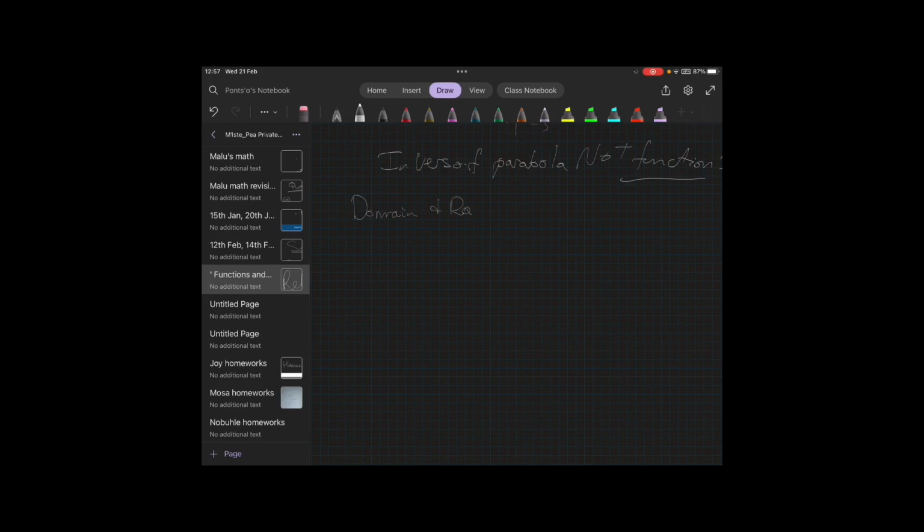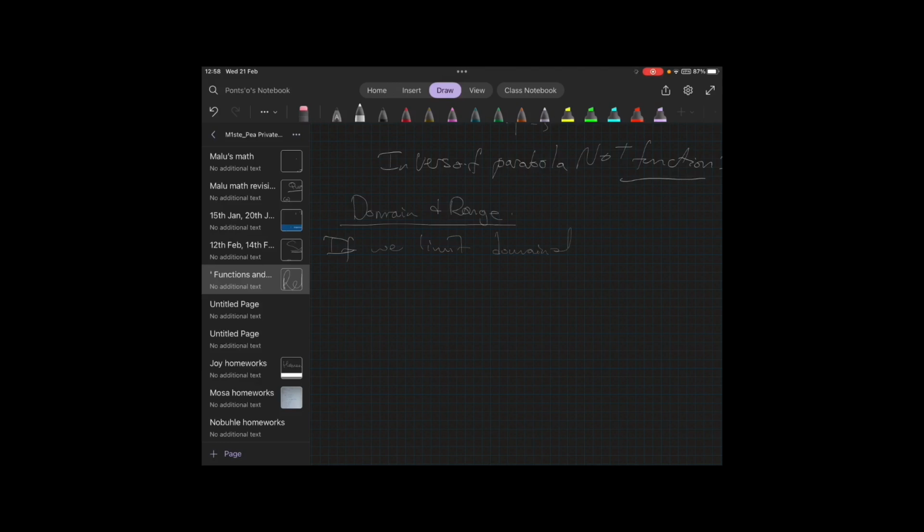Alright, so domain and range. They are used to limit the parabola. If we limit the domain and range of the initial parabola, then we can have the inverse of the parabola as a function.